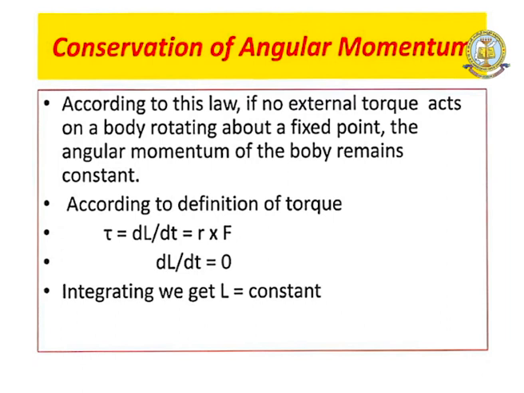But the torque acting on a body is equal to the rate of change of angular momentum, so L is equal to constant. So for a particle rotating about an axis due to the central force, the angular momentum is constant, in both direction and magnitude. This is called the conservation of angular momentum.